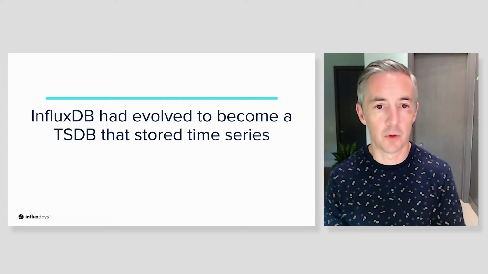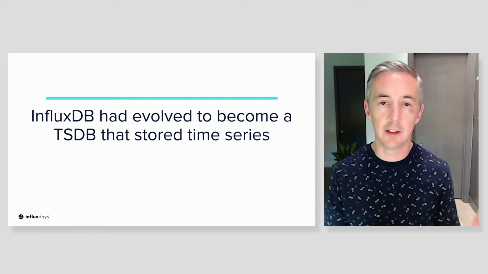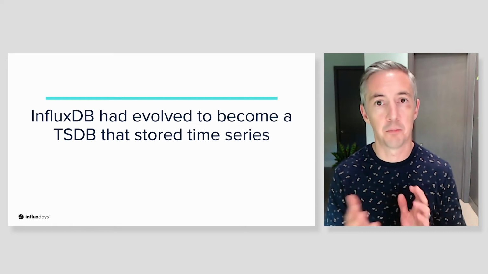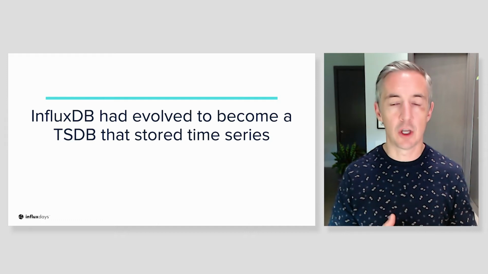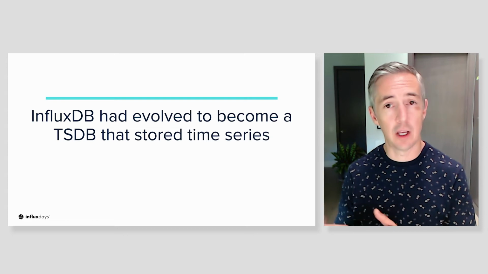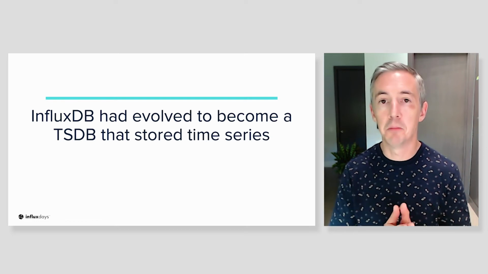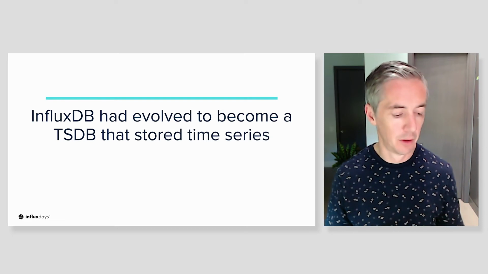Again, that comes with the advantage of really fast lookup for individual time series, but the disadvantages of being slow to ingest high cardinality data and slow to execute analytical queries that touch many, many time series.